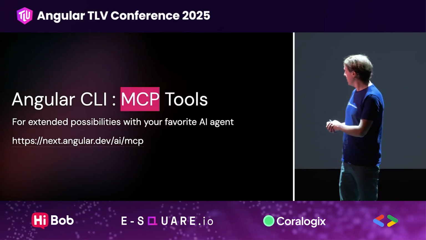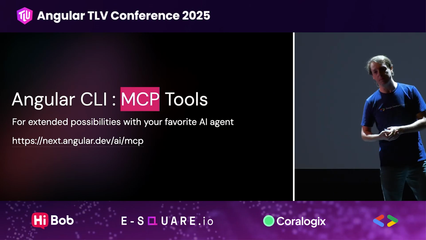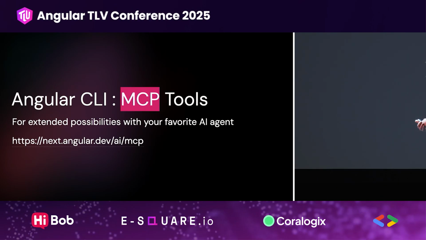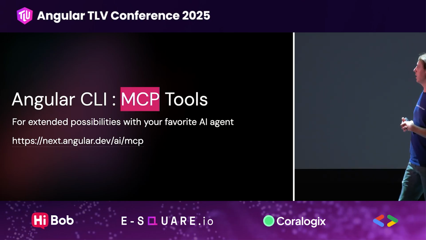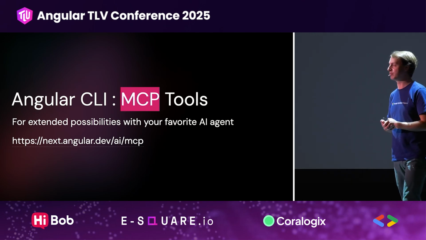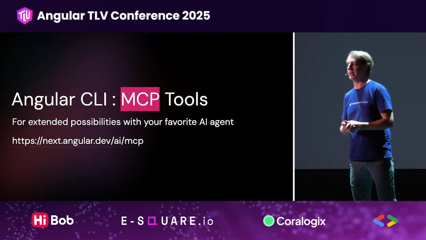And last but not least, for V21, we'll introduce some new tools to the MCP. The MCP is the Model Context Protocol, which will allow your favorite AI engine to talk to, let's say, the Angular CLI to provide some more context and improve the output of your favorite AI agent.